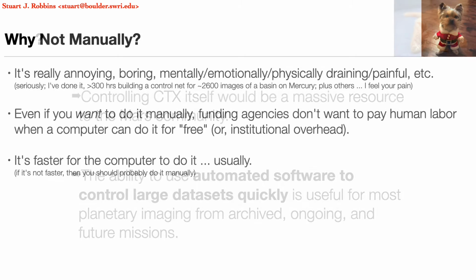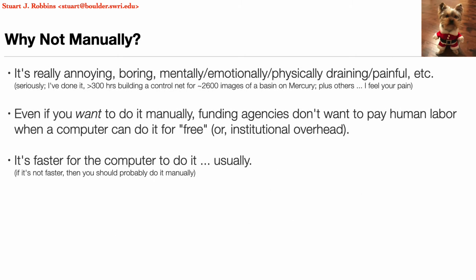So why don't you want to do this manually? Well, it's really boring or annoying or mentally or emotionally or physically draining or painful. You pick your adjective. It is not a fun process. I'd rather be counting craters, but that's a separate issue. With that said, even if you wanted to do this manually, funding agencies don't necessarily want to pay for human labor when a computer can do it for free, or whatever your institutional overhead costs.